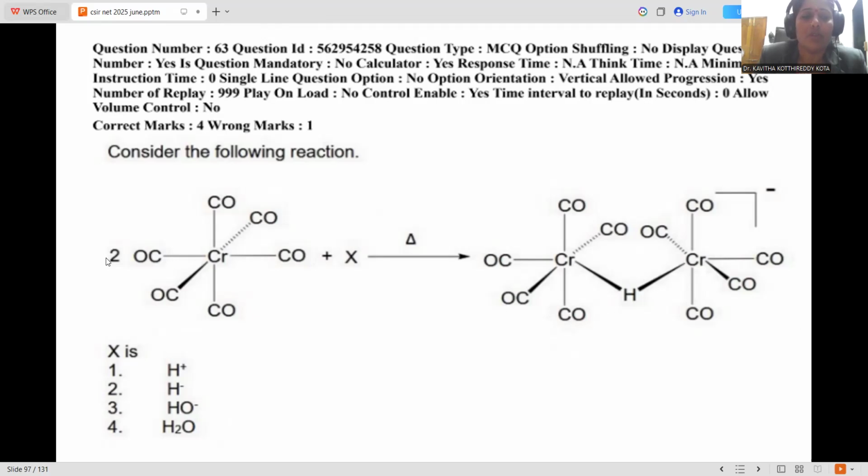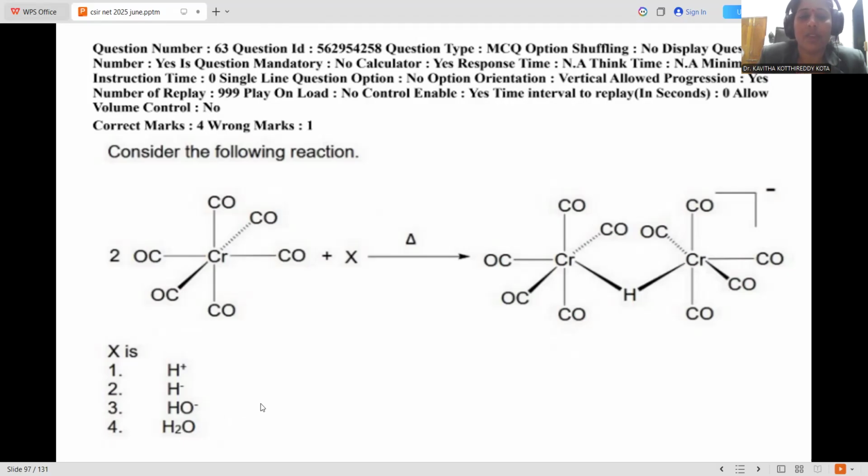Whenever 2 moles of chromium carbonyl complex are taken, dimerization takes place, and it is converted into an anionic dimeric complex. Initially, it is the neutral monomeric complex. After heating with a certain compound, the dimerized anionic complex is generated. Here we need to identify what X could be. For this X to be identified, 4 options are provided.